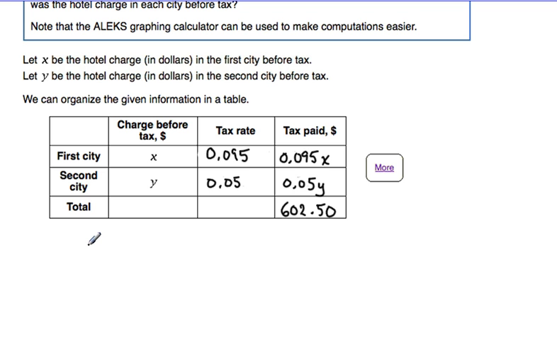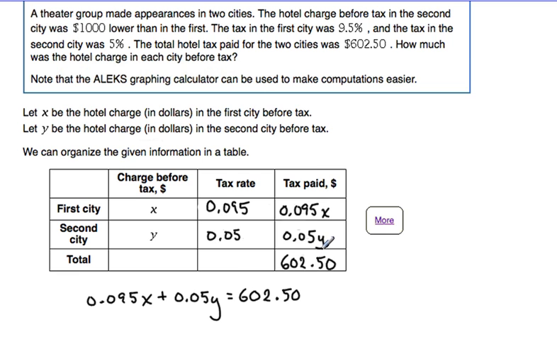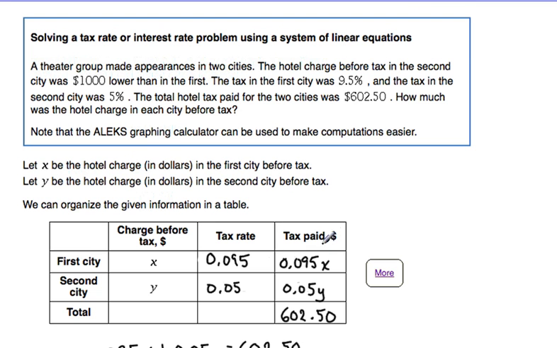So we're going to write an equation using this last column. The tax paid in the first city, 0.095x, plus the tax paid in the second city, 0.05y, adds up to the total tax of $602.50. Now we still need another equation to establish our system of equations, so we're going to go back to information that was told to us first. We haven't used this yet.